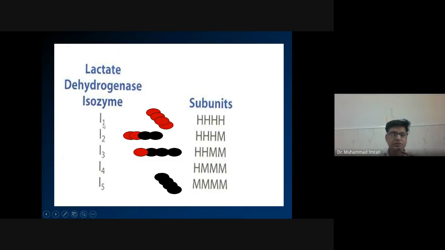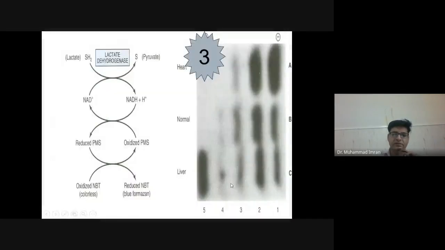For example, in myocardial infarction, the level of LDH1 is raised in our blood, and we can easily check by spectrophotometer or through SDS-PAGE for the confirmation of increase of band of LDH1. So LDH3 increases during leukemia, and LDH5 increases in muscular dystrophy and liver diseases.